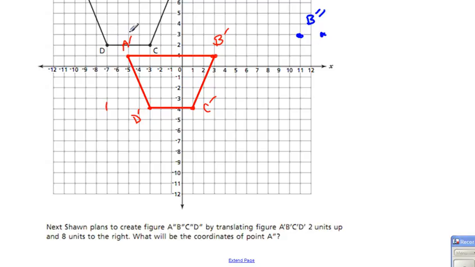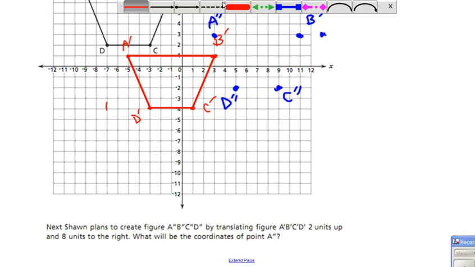2 units up, 8 units to the right, so we're going to get 3. That's A double prime. And then C will be 2 units up, and then up to 9. C double prime, these 2 units up, and then 8 units, so it's going to be 5. D double prime.